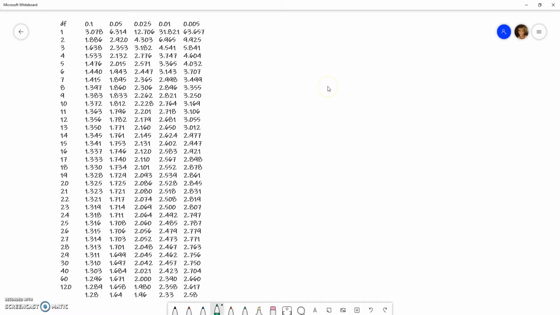Remember, this is the t-distribution table that we talked about in Chapter 7. We're going to be using that again in Chapter 8. The last row are Z values. So remember that.